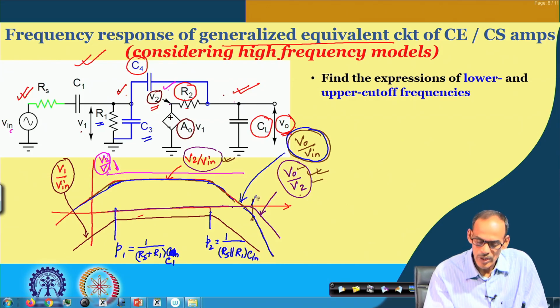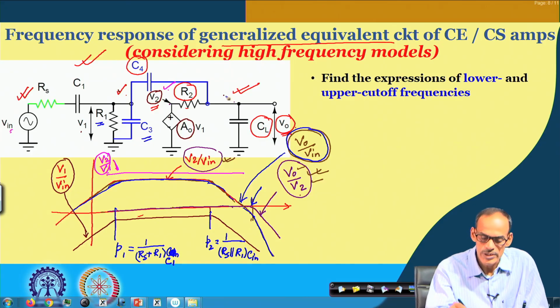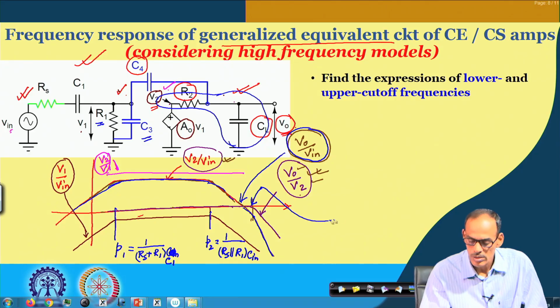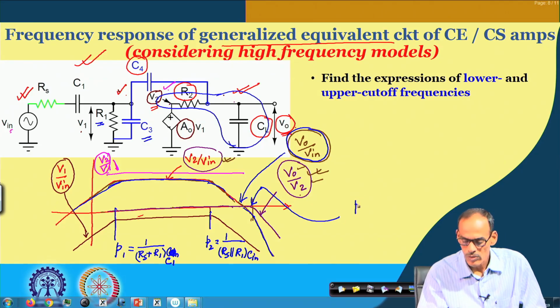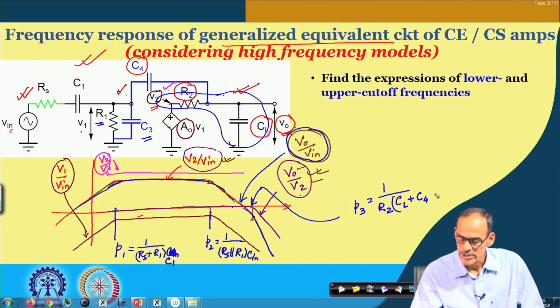And then we also have the other pole coming from this network, and we may call this P 3, and that is defined by this R 2 and the net capacitance at this output node, probably this may be C L, and then the contribution coming from C 4, that may be C 4 multiplied by 1 minus 1 by A naught.